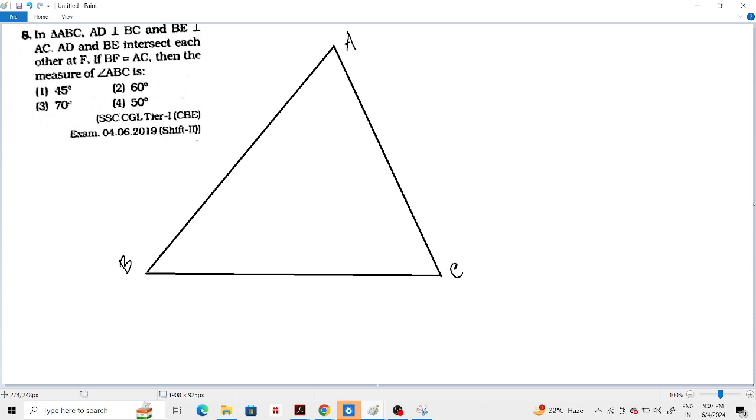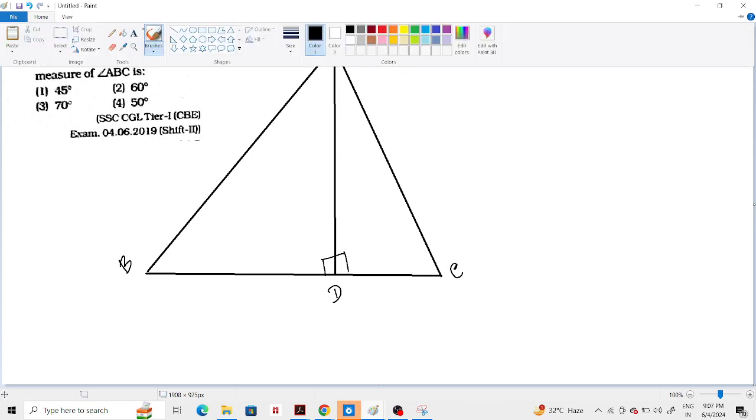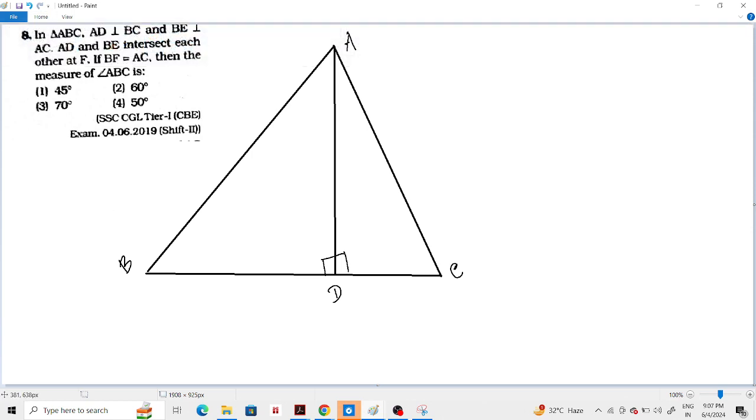Okay, now AD is perpendicular to BC, and BE is perpendicular to AC.